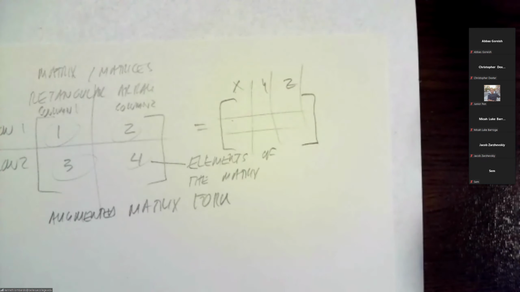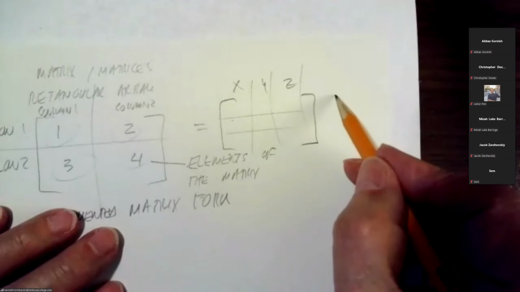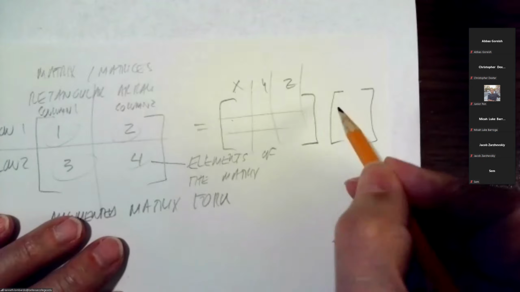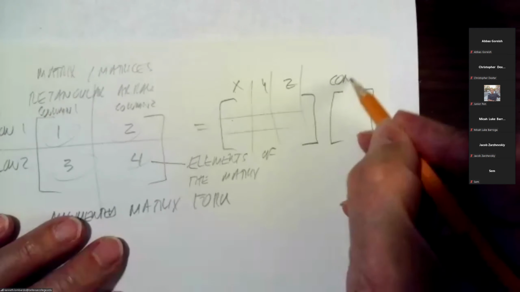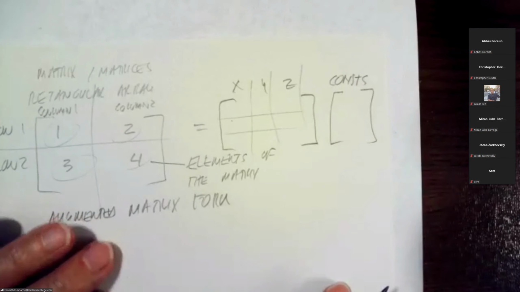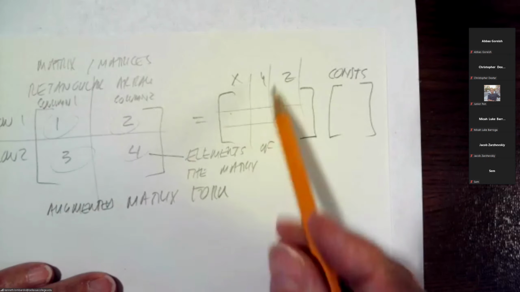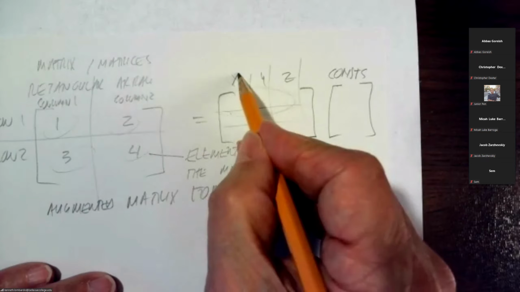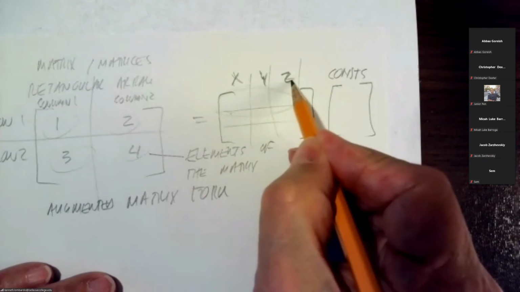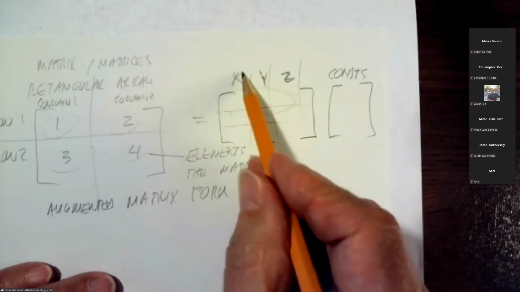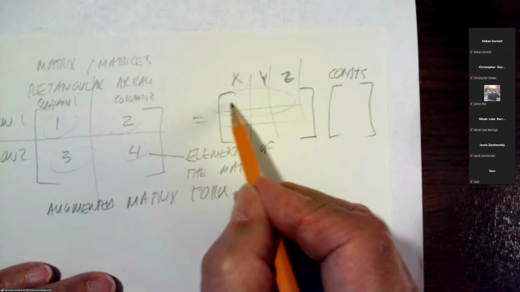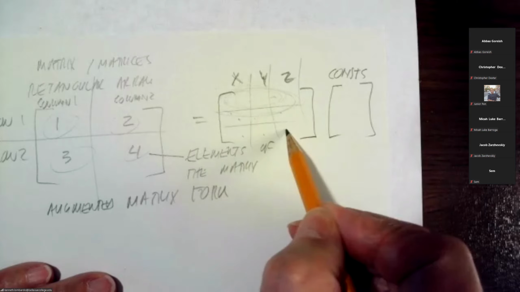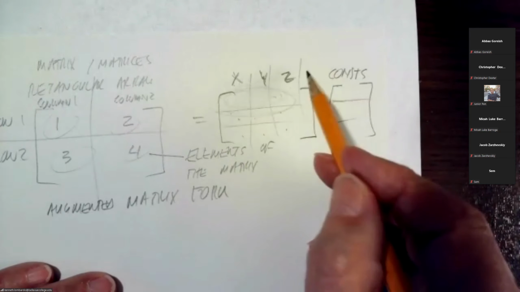I'm going to put there is no equal sign here, but these are the constants. So we take a set of equations, put the variables that we're going to use above the columns, and then the coefficients in these elements here, and then we'll have the constants.